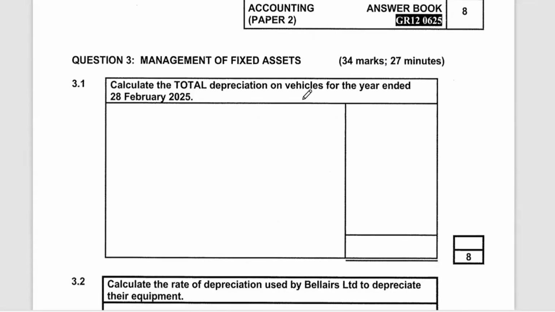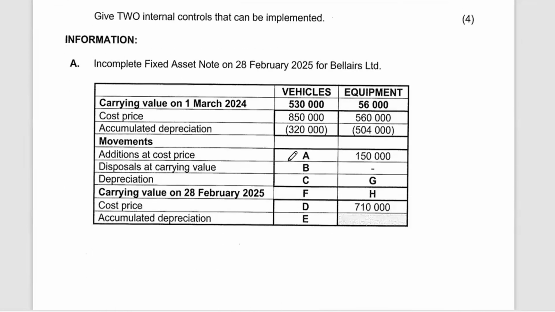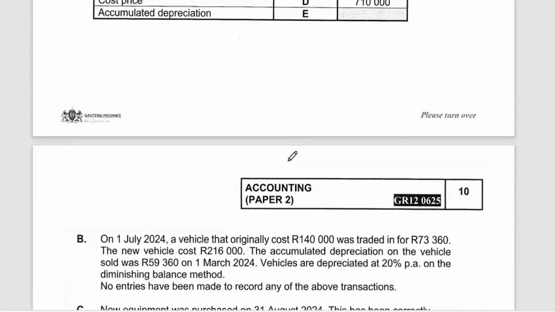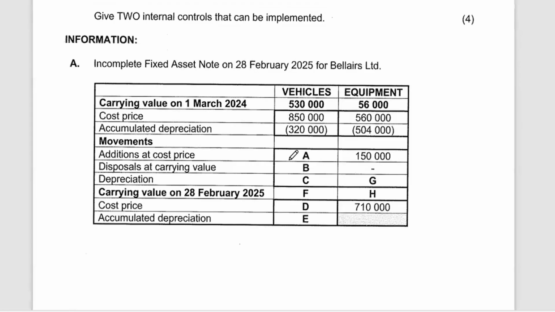So calculate the total depreciation on vehicles for the year ended 28 Feb 2025. Let's go to the information that affects our vehicles. So this is our information.